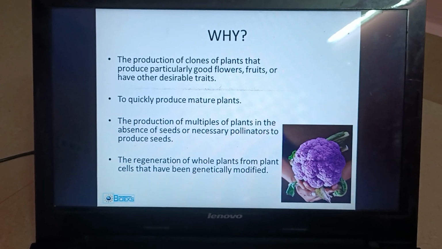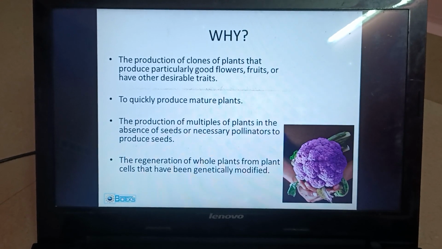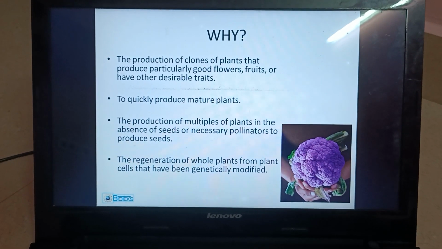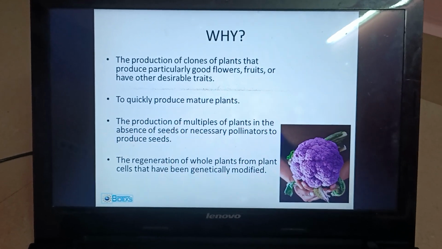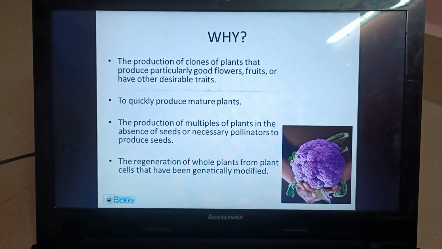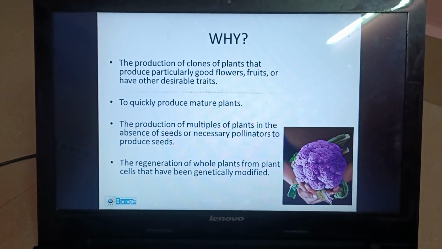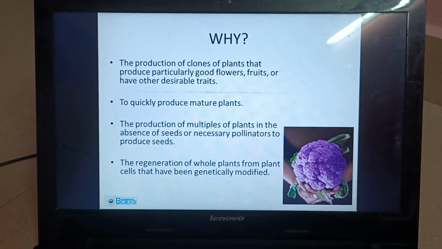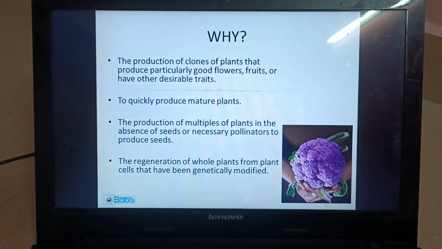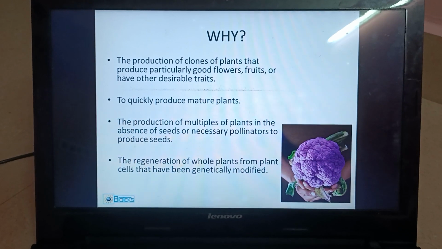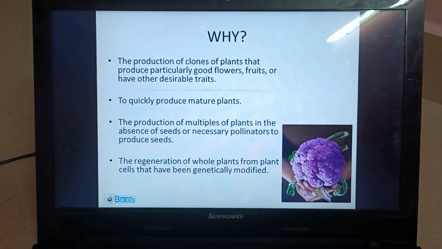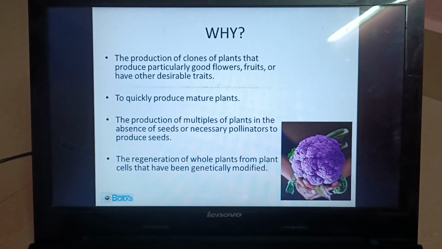In such conditions we do it, and not only for medicinal purposes, but for other economic reasons, or for good flowering plants and good fruits, with some desirable traits. These are all possible reasons for doing tissue culture techniques.